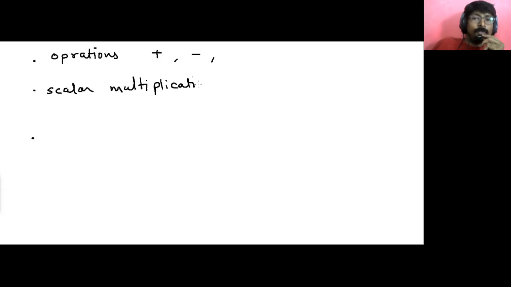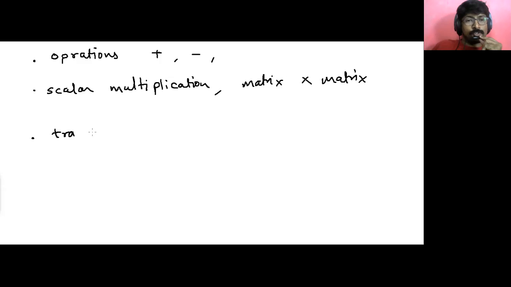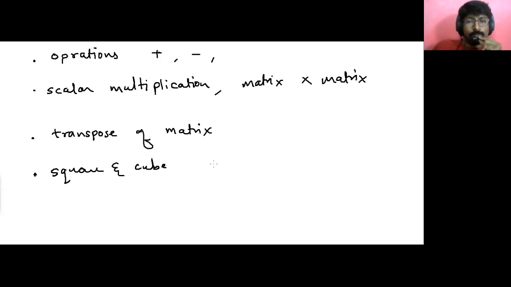Then we will learn matrix into matrix, how to do that, and when it is possible and when it is not possible. Then transpose of a matrix. Then how to do powers of a matrix, like squares and cubes of a matrix. These are all the things we will see in the upcoming video, and along with that we will do plenty of sums.